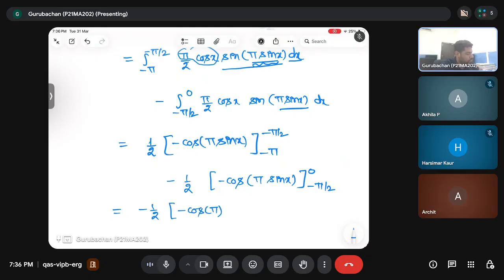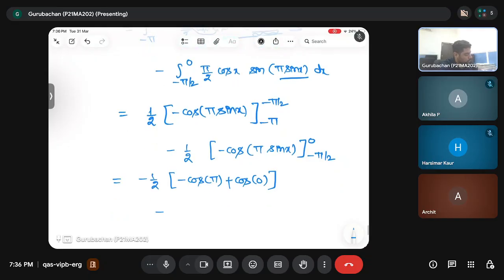Sin pi by 2 is 1 and sin 0 is 0. So this will be minus cos of 0. So this will be plus, I guess. Similarly, minus half. So the first term will be, tell me, minus cos of pi.